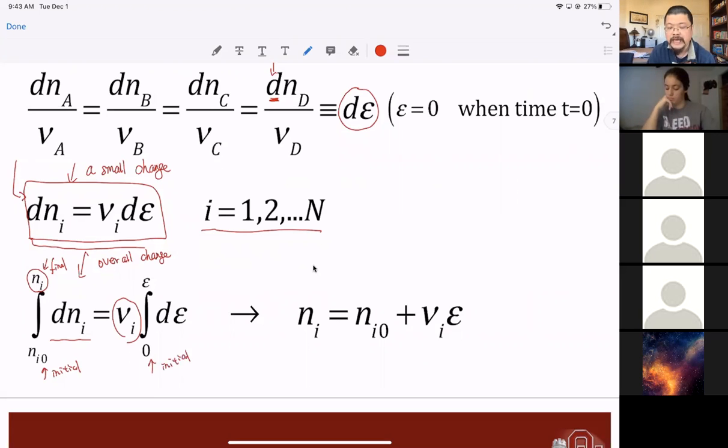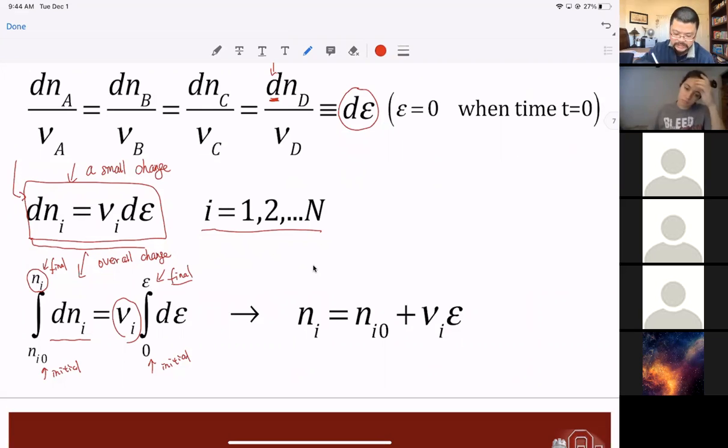No reaction has happened, so the reaction progress, the reaction coordinate, is 0. And then at any final state of the reaction, we are going to have the general epsilon.